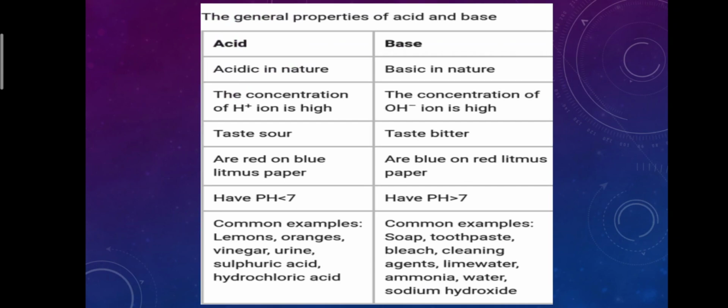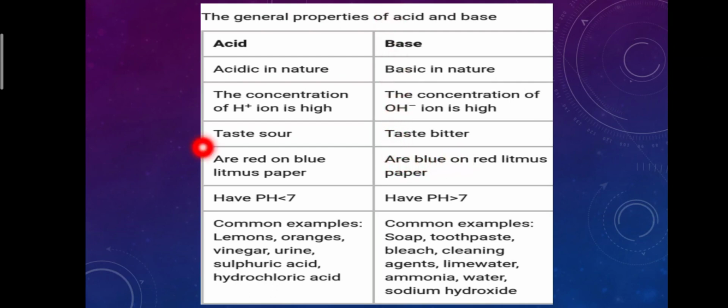The general properties of acid and base. Acids are acidic in nature, bases are basic in nature. The concentration of H positive ion is high in acids. The concentration of OH negative ion is high in bases. Acids are sour in taste, bases are bitter in taste.